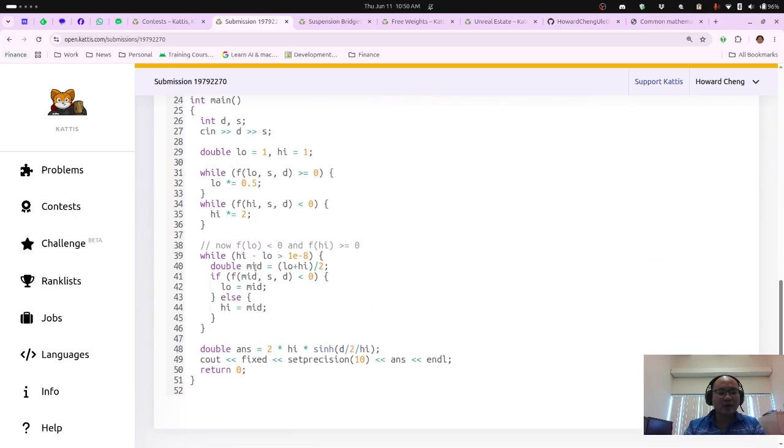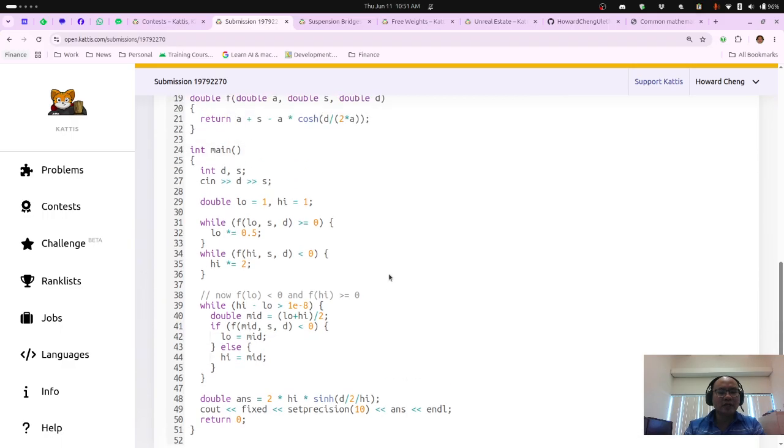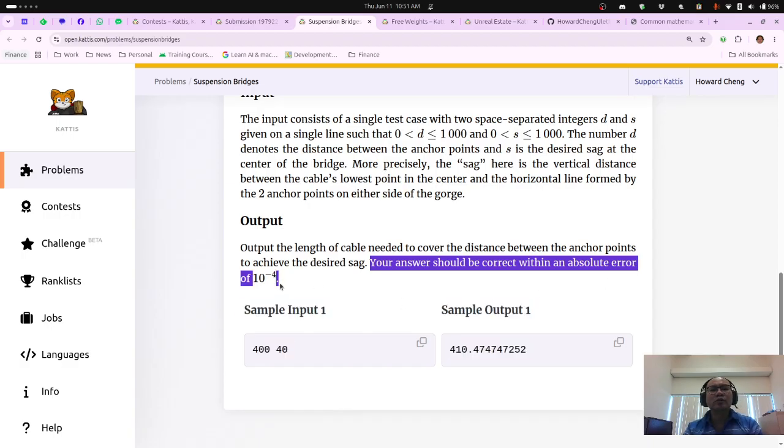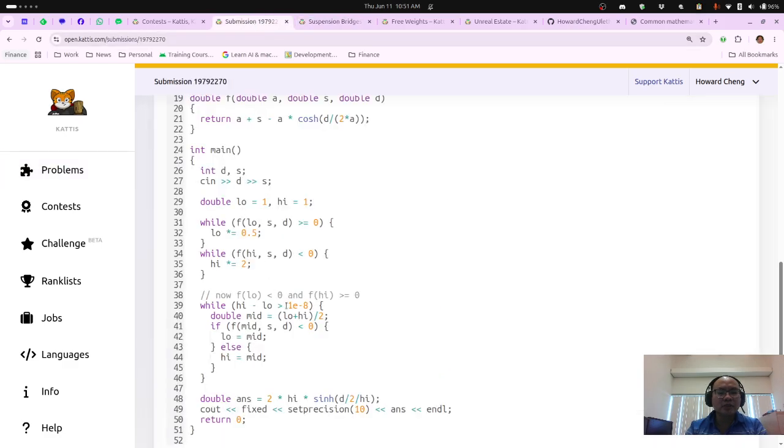Okay, but anyway, the point is, why am I not getting it right? Now, it says that my answer should be correct within an absolute error of 10 to the minus 4, which means that I need my answers to be correct up to 4 decimal digits. Let's just say 5, just in case. And I make sure that it is correct up to 8 digits.